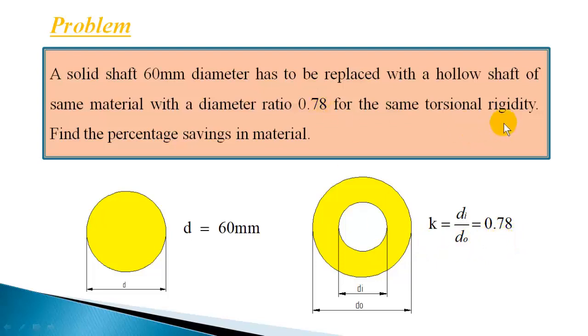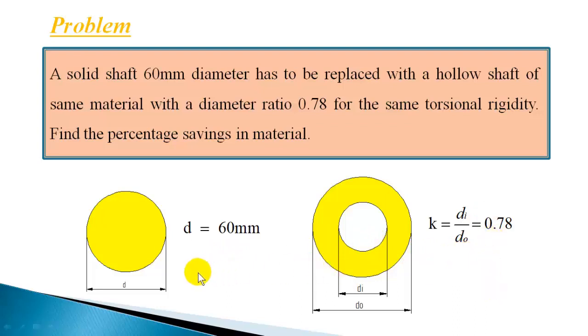Now the replacement is for the same torsional rigidity. The replaced shaft will usually have the same length, because it serves the same purpose. So assuming the lengths are the same, for the same torsional rigidity we only need to compare the J values of both the shafts.